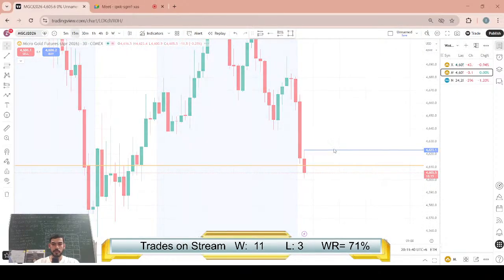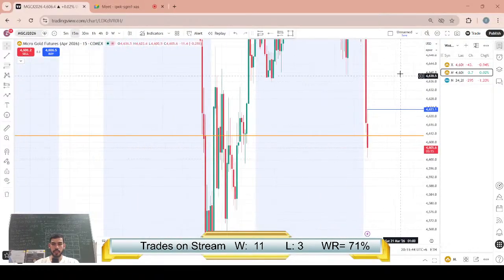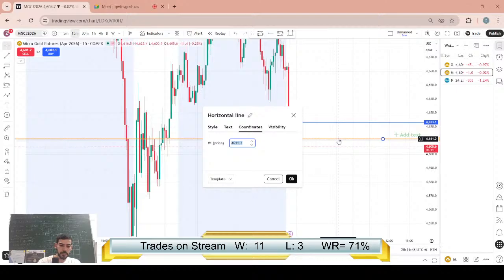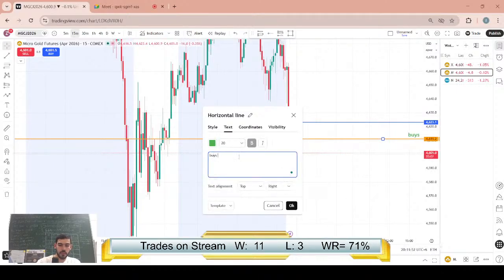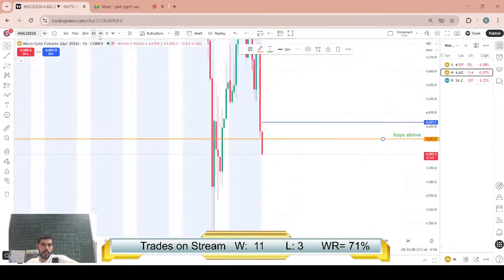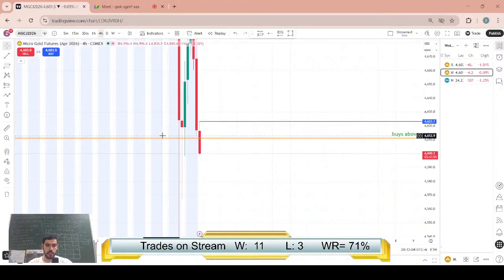So yeah, buys above doesn't look bad here. Buys above. And then if it melts, then it melts, and we are not interested anymore.